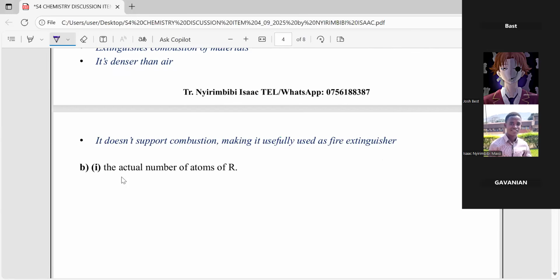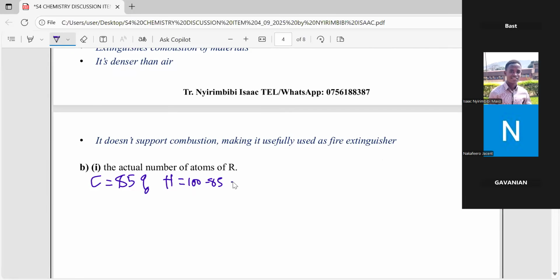So you said that carbon had which percent? 85%, isn't it? And the rest was hydrogen. How do you get for hydrogen? You shall get 100 minus 85, which is 15%.